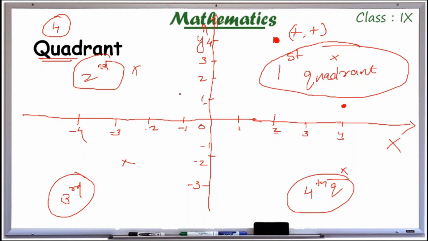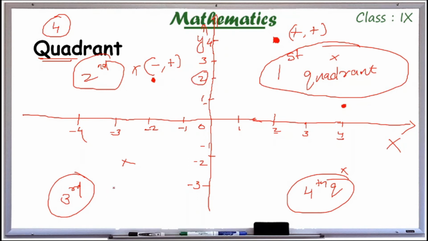And for the second quadrant, if I represent a point here, the x value will be negative and the y value will be positive. Y value means the value on the y axis. Okay, y value is 2, so it will be positive.